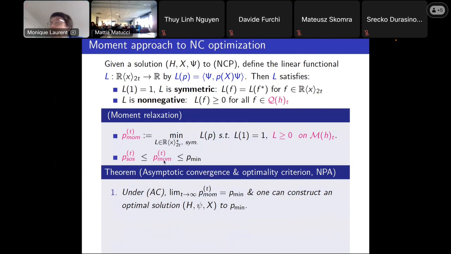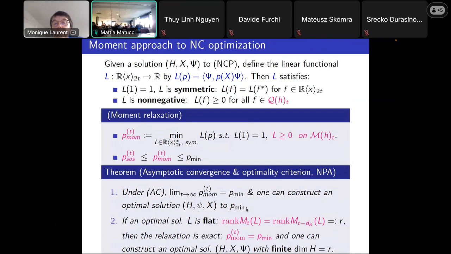The GNS construction would give you a different proof of convergence, and on top of that, it would give directly an optimal solution: an optimizer for the minimum P-min. If time allows, I will in a few slides briefly recall how the GNS construction goes.